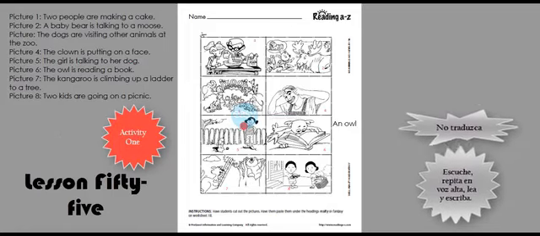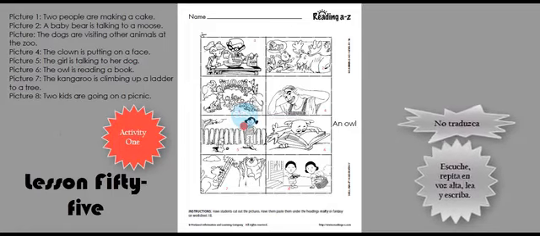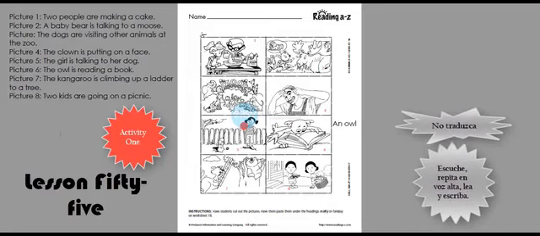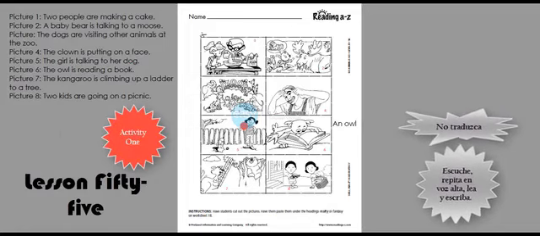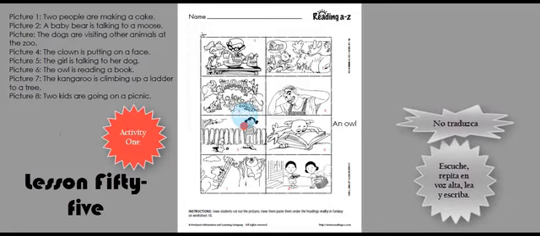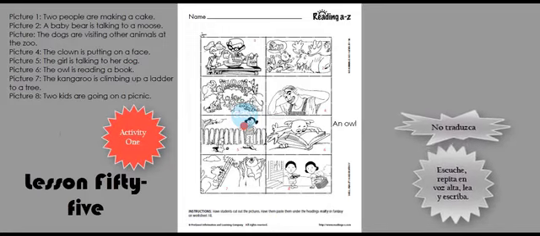Pero si se responden negativamente, cada una es a fantasy. Y después de hacer eso, entonces trasladaré cada una de esas imágenes debajo del encabezado que corresponda, reality or fantasy.